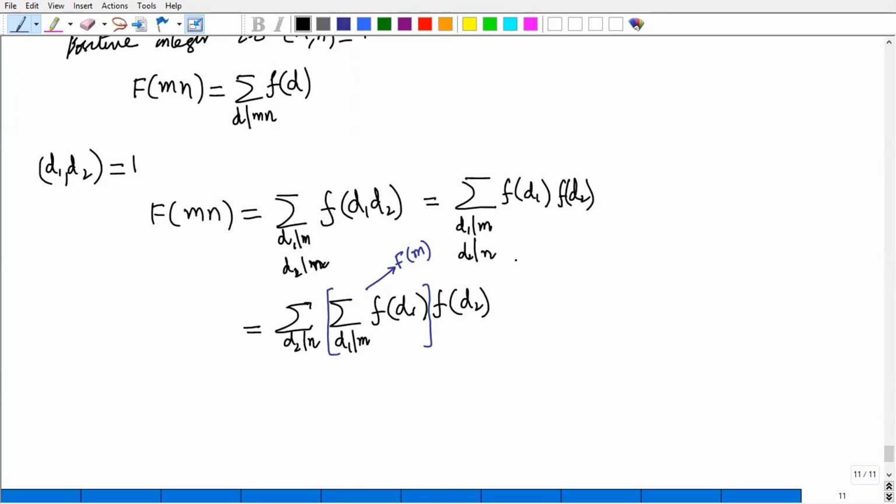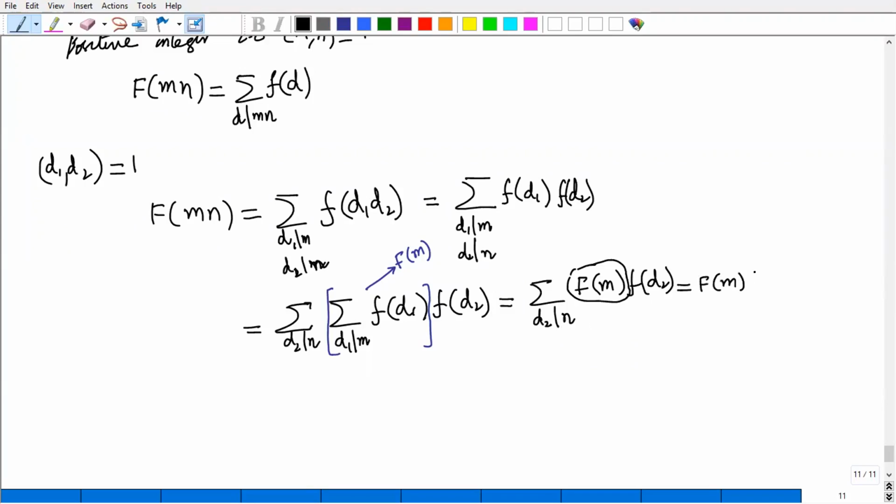So now we can write the sum over d2 dividing n of F(m) f(d2). Because there is no d2 in F(m), it can be written outside the summation sign.